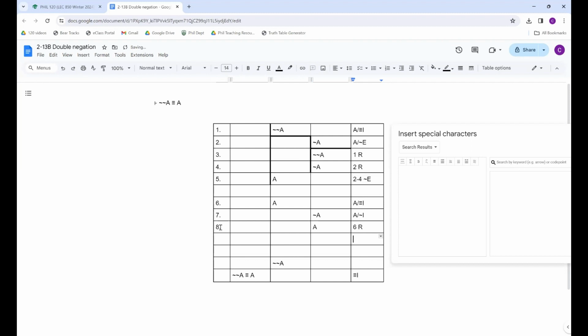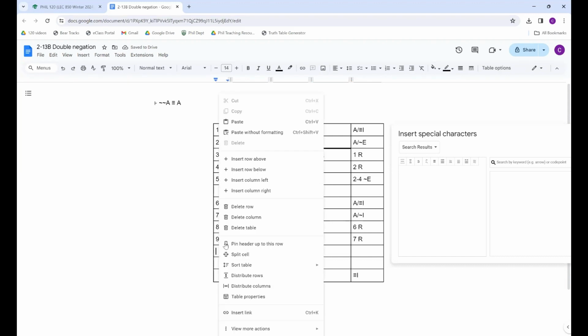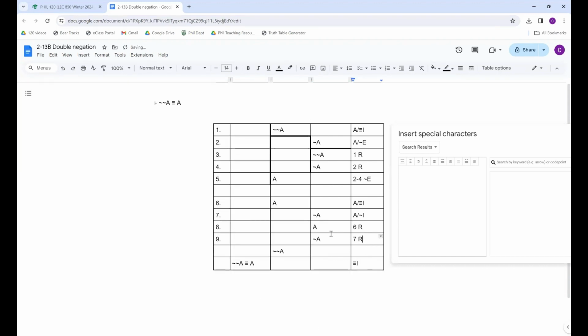So that is 6R and 7R. We can delete that row because we won't need it. This then is 7 to 9, negation introduction. Drawing our scope lines.